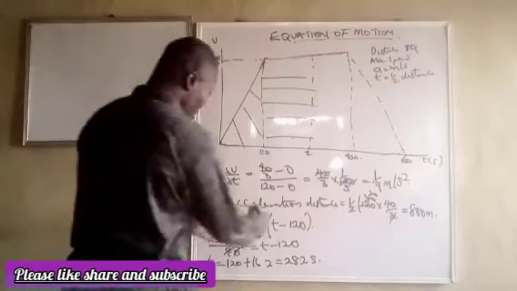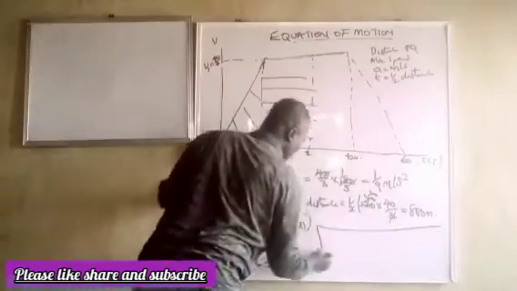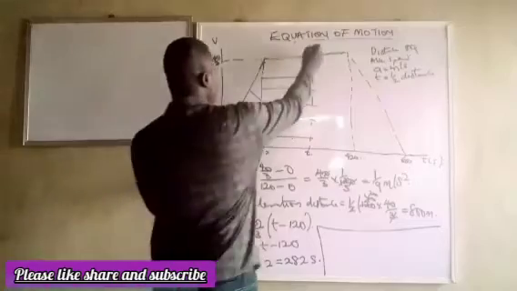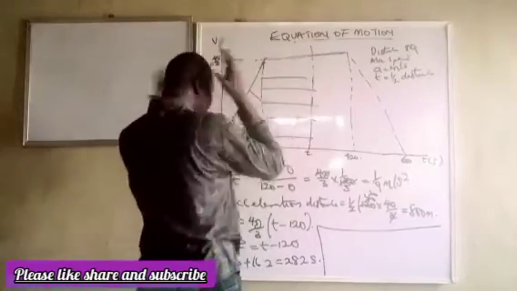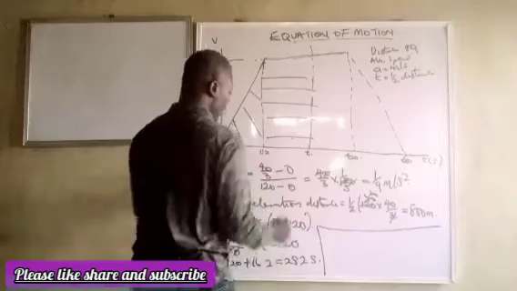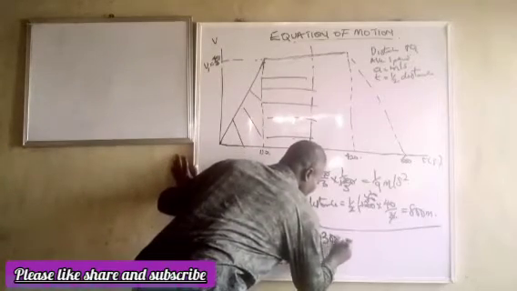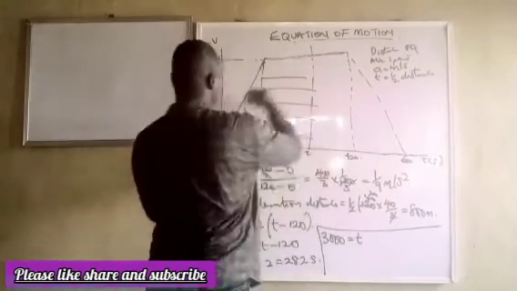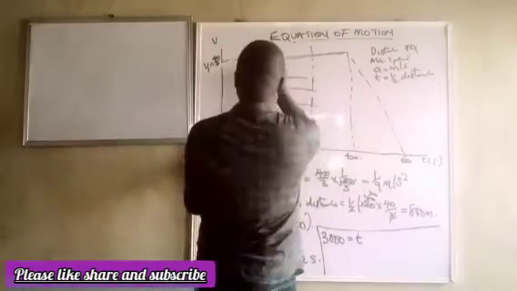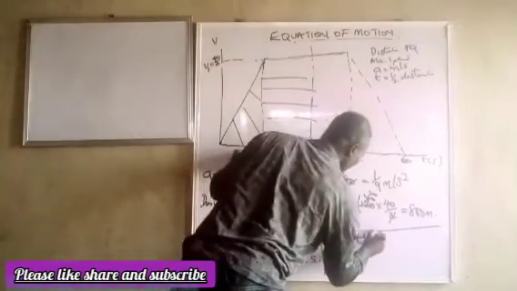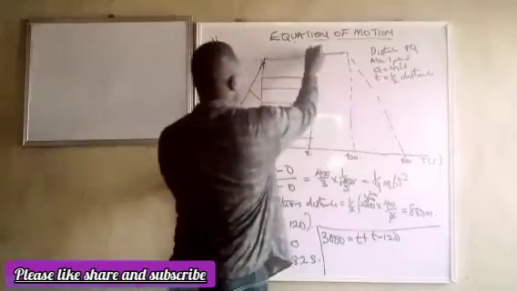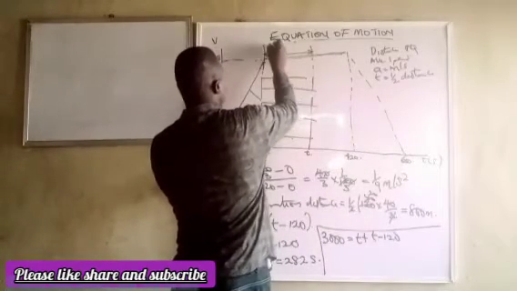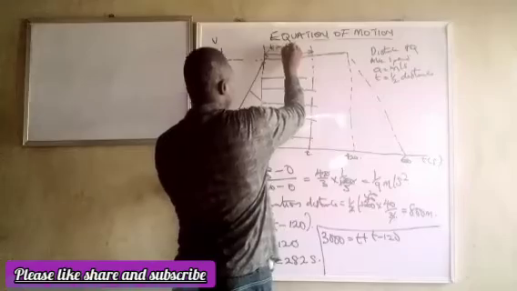Another way you can look at it straight, once you are confirmed that during the acceleration it's not up to this, you just cut this out and find the area of this trapezium. That is 3,000 is equal to T, this place, plus T minus 120, that is this place to this place.